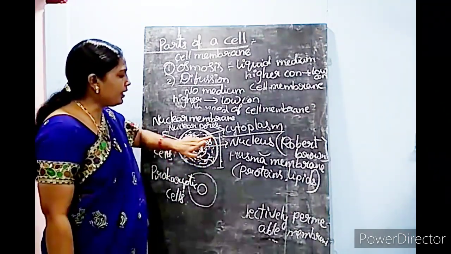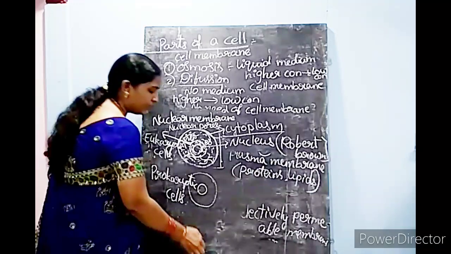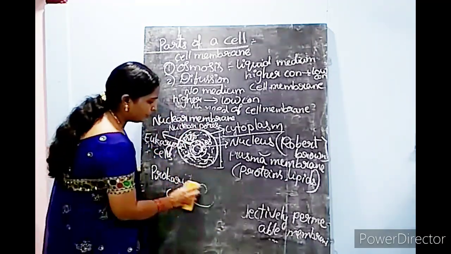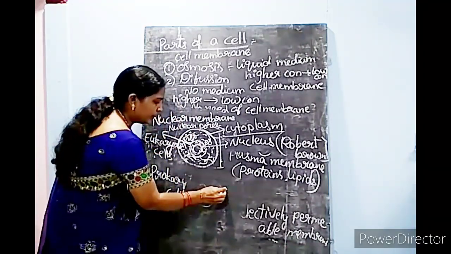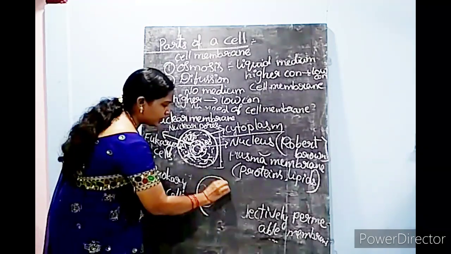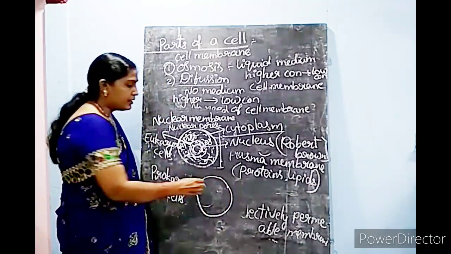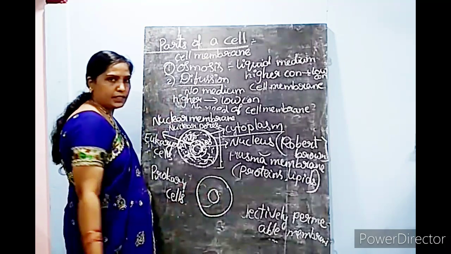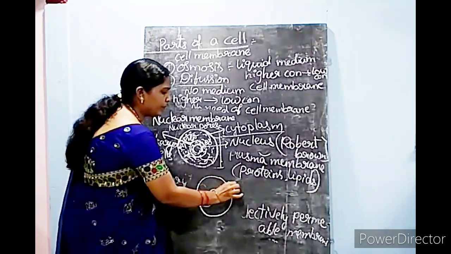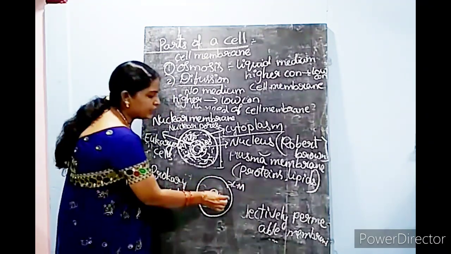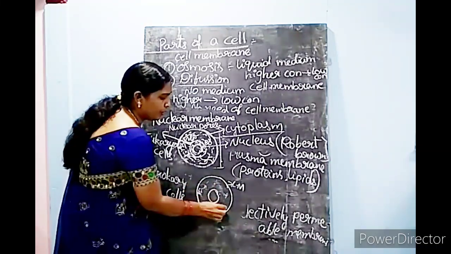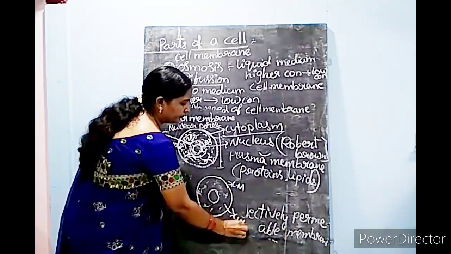Here, once again, clearly I'll show you. This is a cell surrounded by a cell membrane, with a centrally located nucleus. Between the cell membrane and the nucleus is the jelly substance known as cytoplasm.